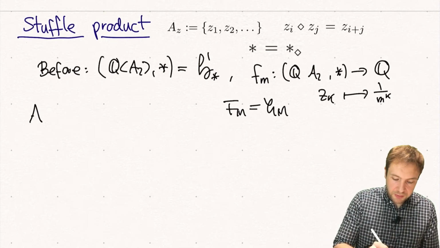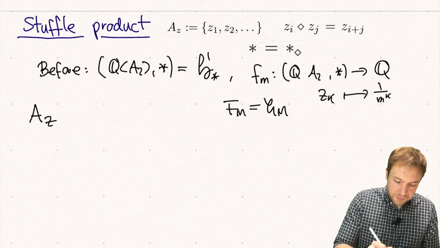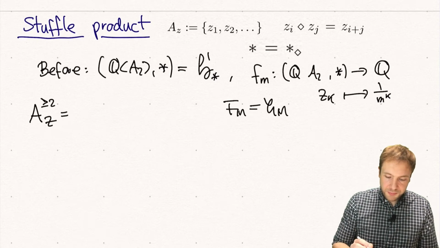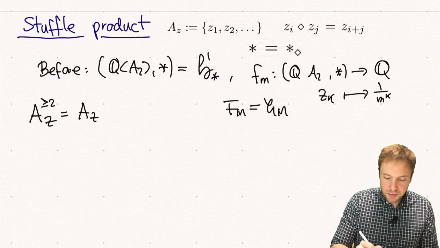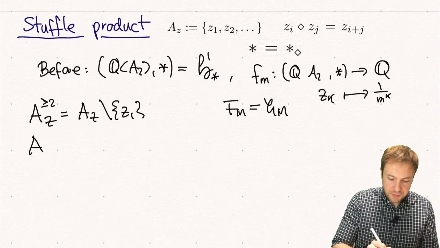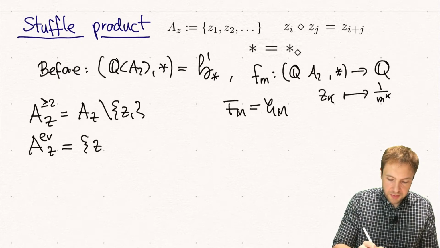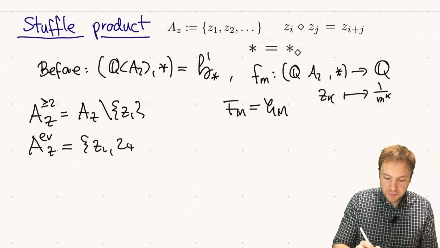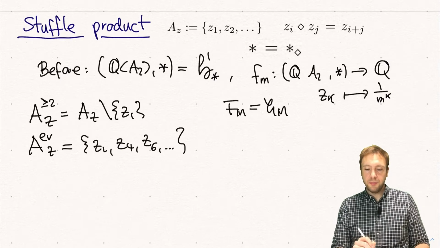So let's define AZ greater or equal to 2 to be AZ without Z1, and AZ even to be Z2, Z4, Z6, and so on.